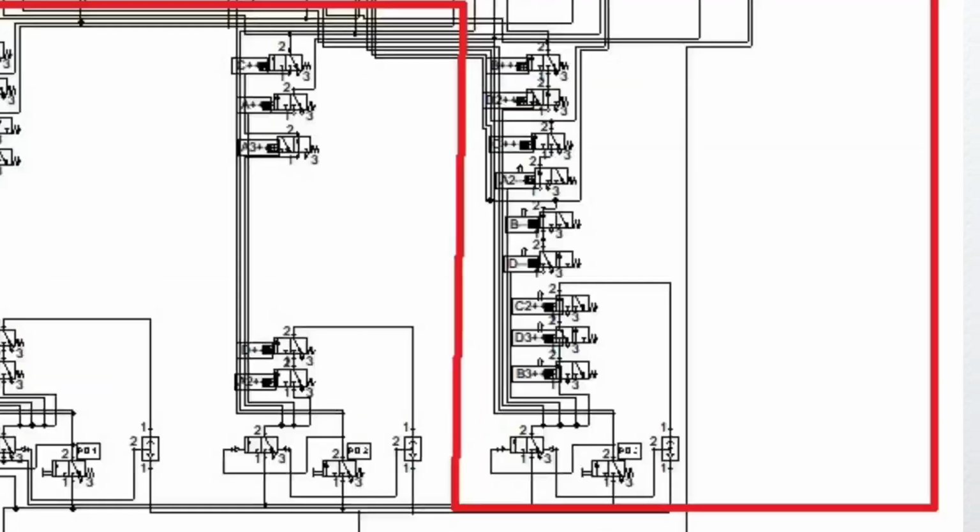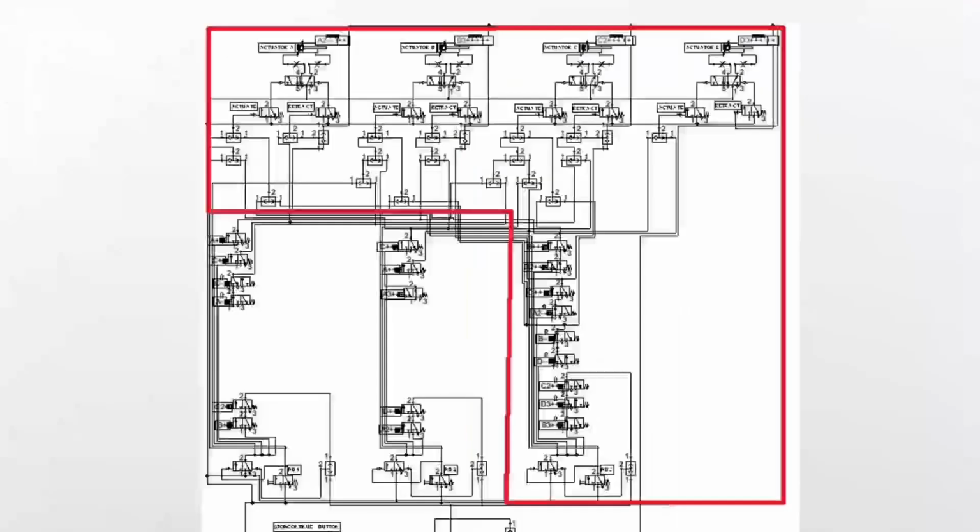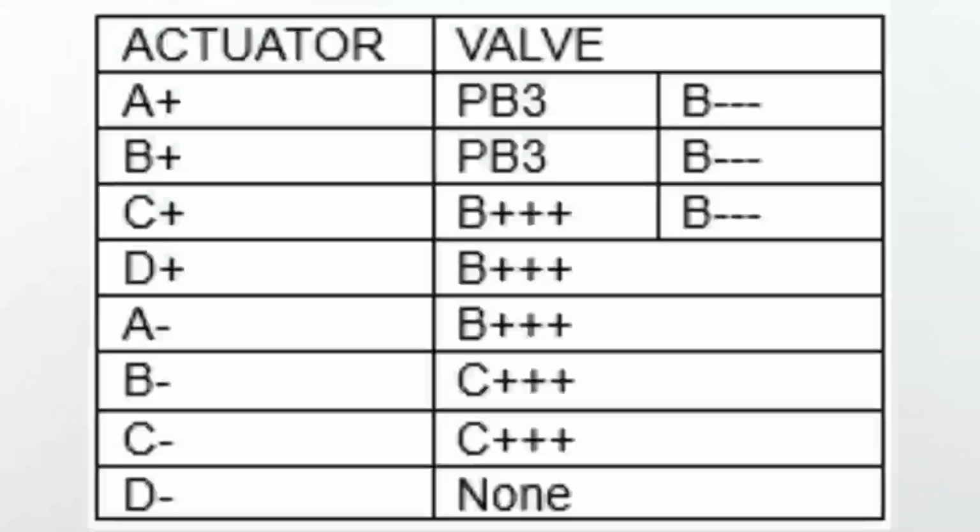Using three valves labeled C2++, G3++, and B3++ to cut off the flow of air to sequence PB3. So here is the table which is logically used to control the valves to the actuators.